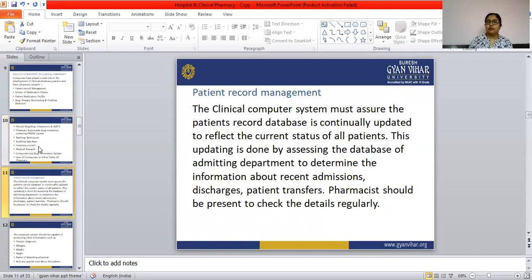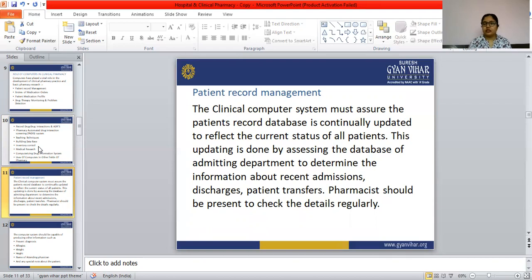So the first one is patient record management. The clinical computer system must assure the patient record database is continually updated to reflect the current status of all patients. The computer that is present in the clinical pharmacies is known as the clinical computer.